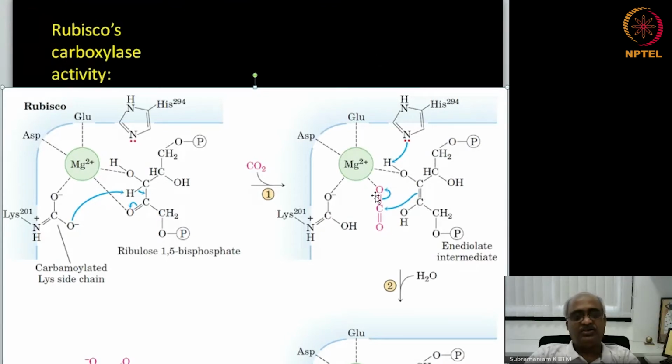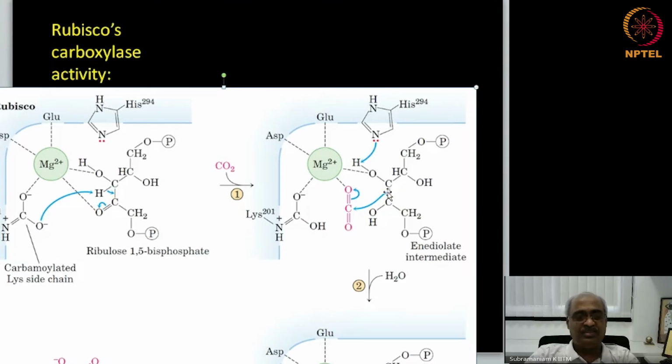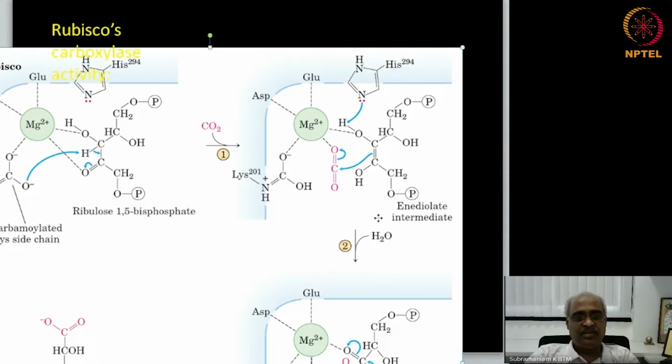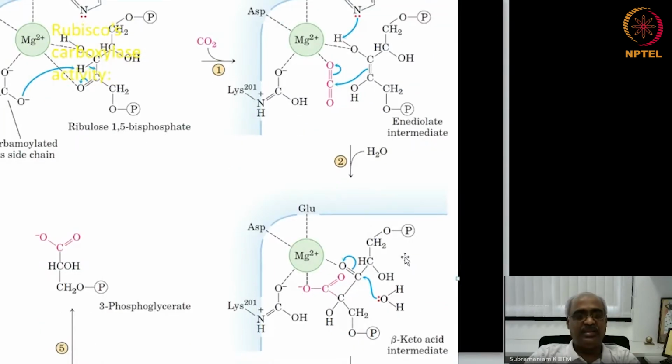So that allows carbon dioxide to be coordinated with the magnesium here. And now you see this acts as a base, a general base catalysis, and that aids in the electron transfer in these forms. And so this double bond is where this is broken, and this carbon is going to attach to this particular carbon. Okay, and the double bond is going to shift to this side, and that leads to a keto acid intermediate.